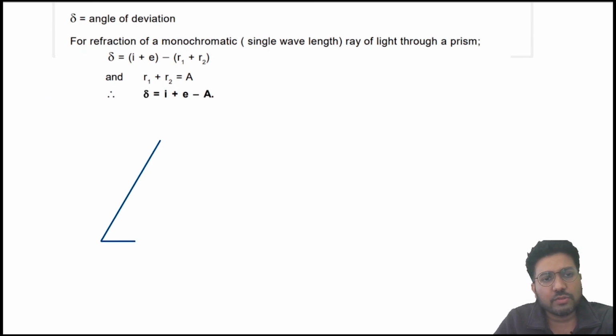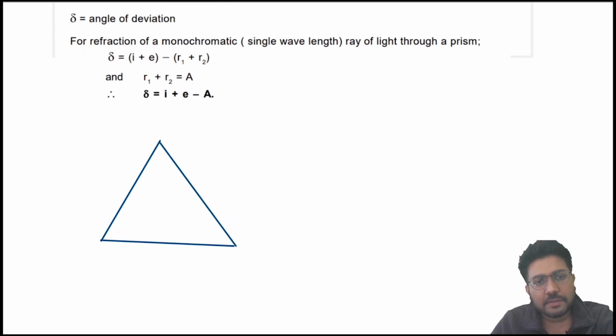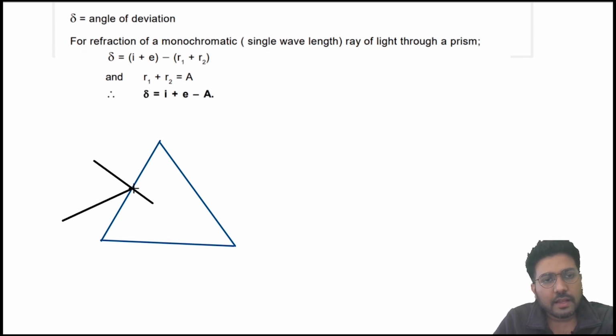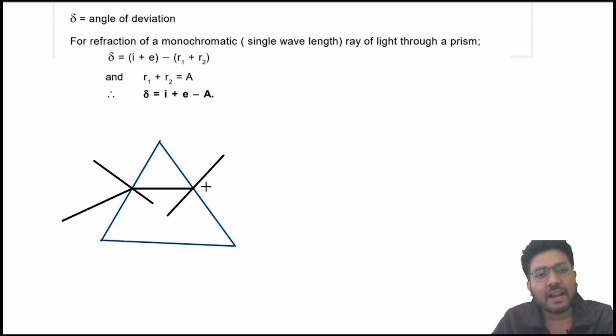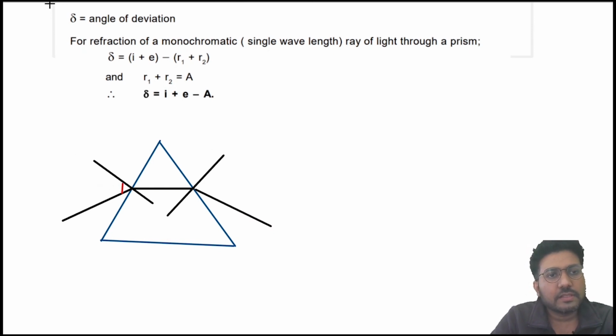Suppose you have a prism, and the angle of incidence is i, the angle of refraction for the first surface is r1, and the angle of incidence on the second surface is r2, and the angle of emergence is e. So this is i, this is r1, this is r2, this is e.